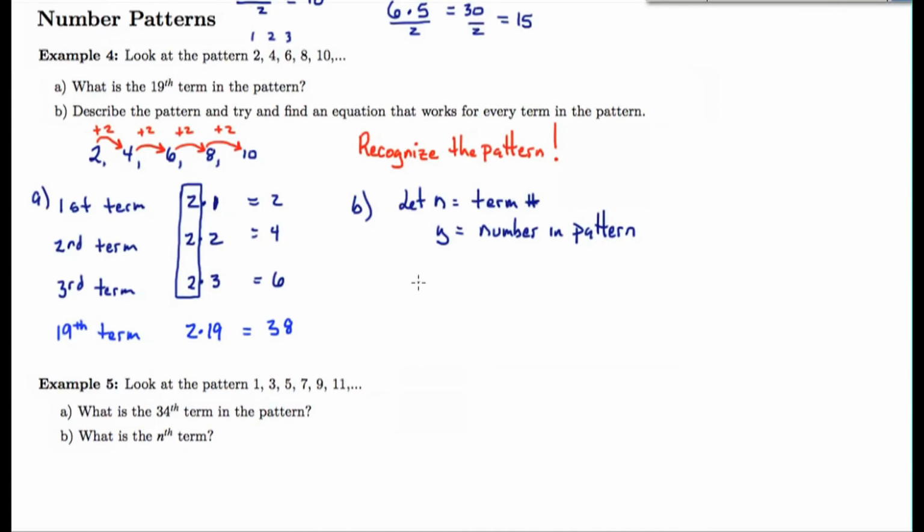So what do we do here? Y is going to be equal to, we take 2 and we multiply that times whatever the term is. So that's it, 2n. So if I were to put in 19 for n here, it'd be 2 times 19 is 38.